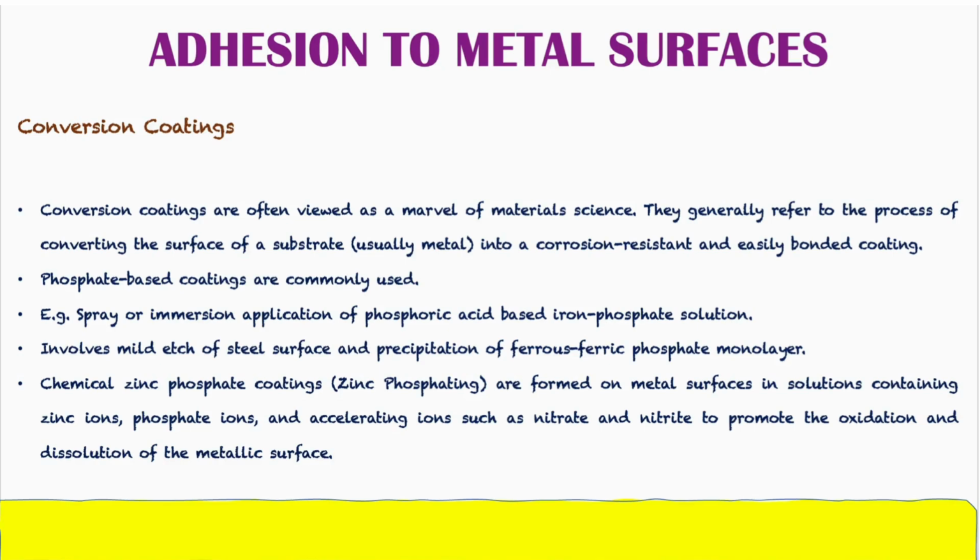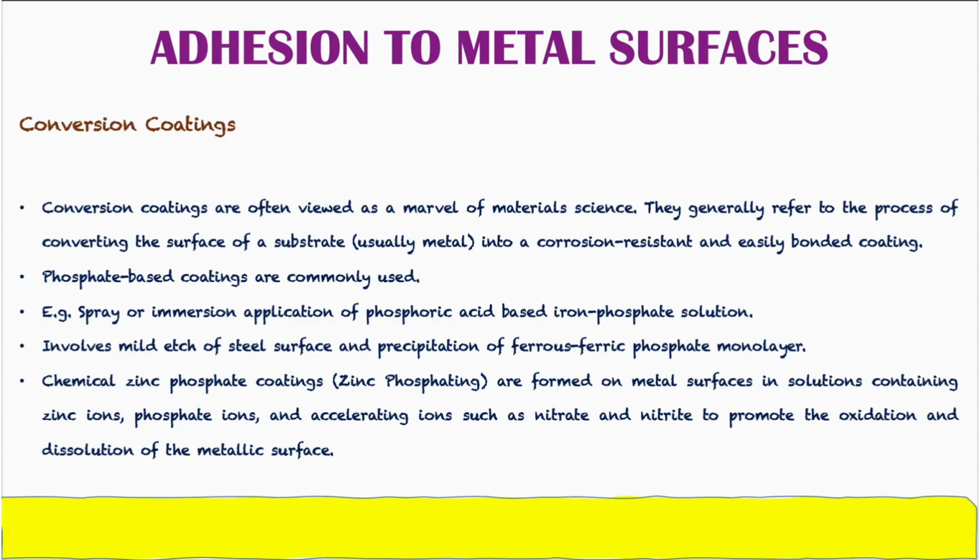This helps in increased adhesion of the coatings and a slight increase in corrosion protection. In this case, corrosion protection and adhesion are both achieved, but we get a better result in terms of adhesion as compared to corrosion protection.